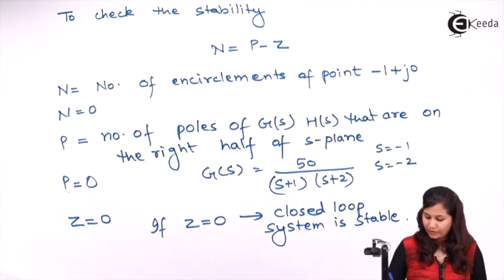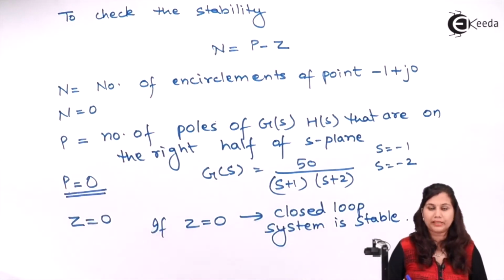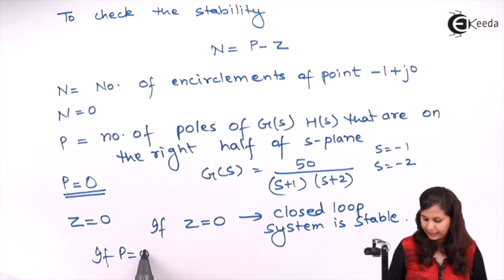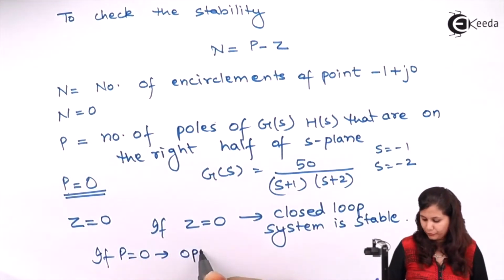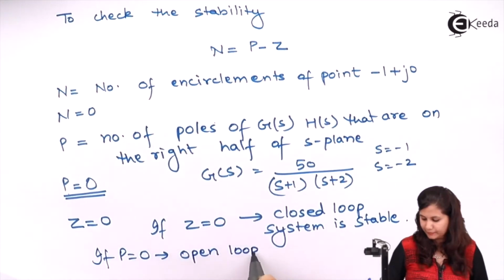Now here P is also coming out to be 0. If P is equal to 0, then we can say that the open loop system is stable.